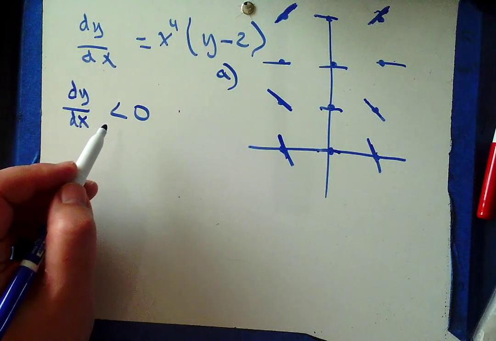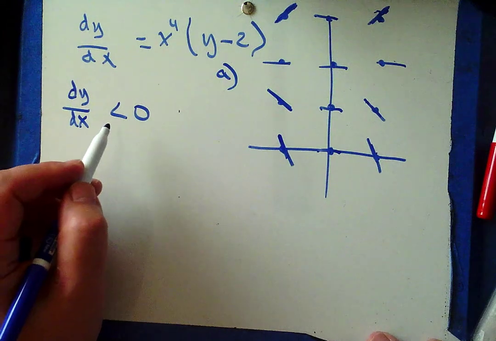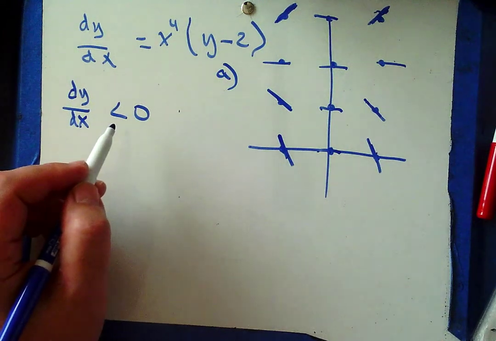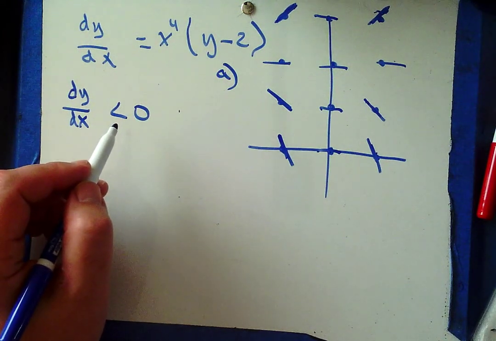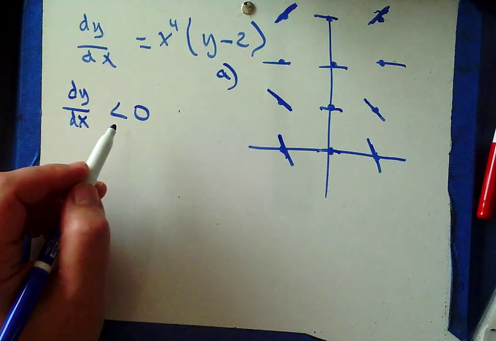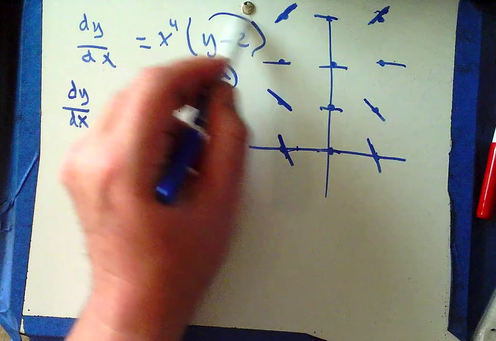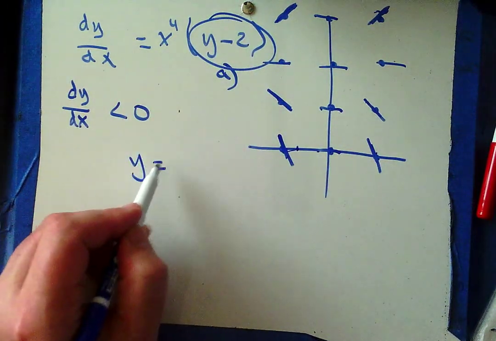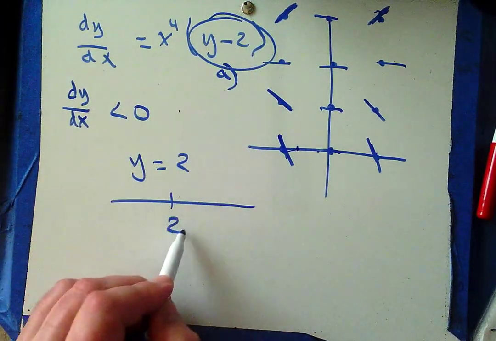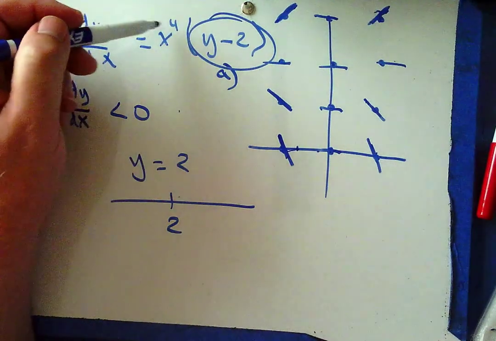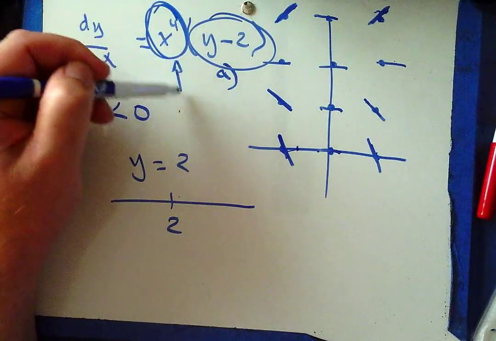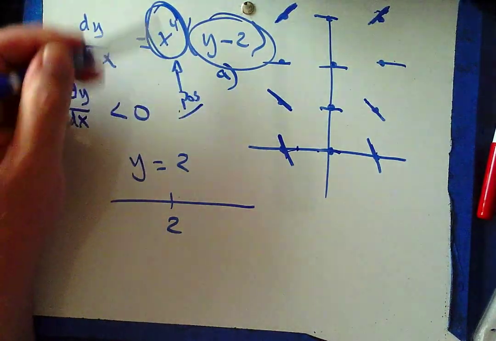Just from what I'm looking at here, I have this critical value, y equals 2. Because x to the fourth is always going to be positive, there's nothing that will make that negative.